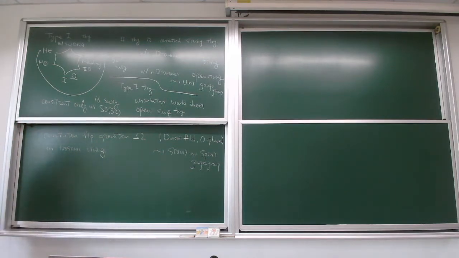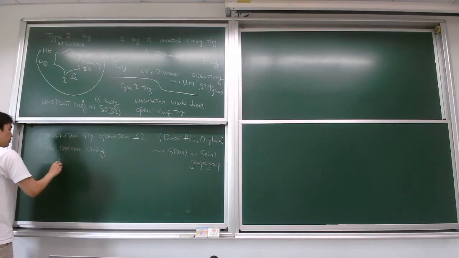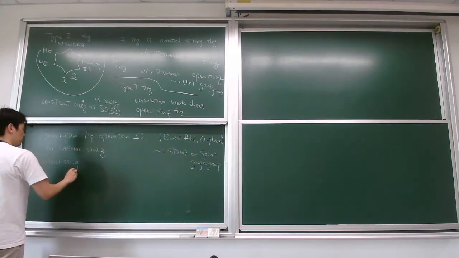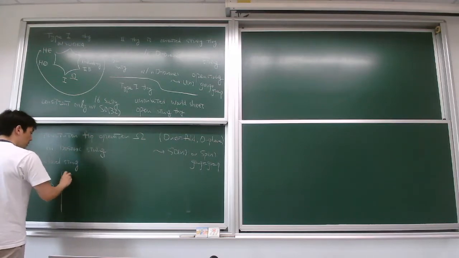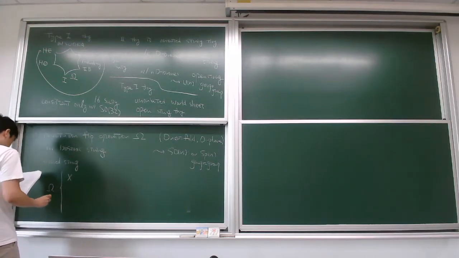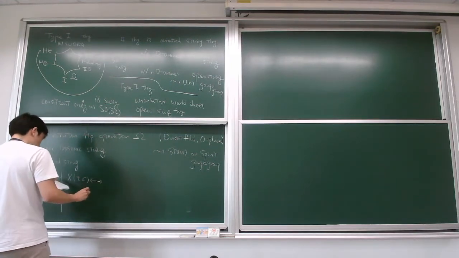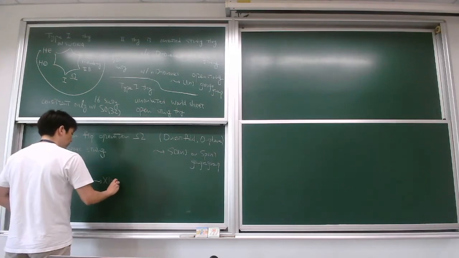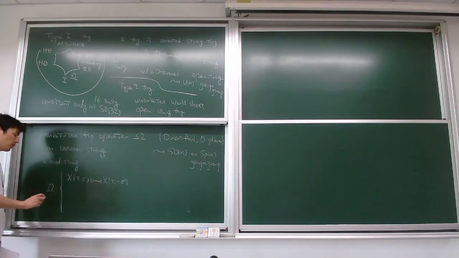So omega is indeed for closed string. Omega maps X to X with the spatial direction orientation flipped.